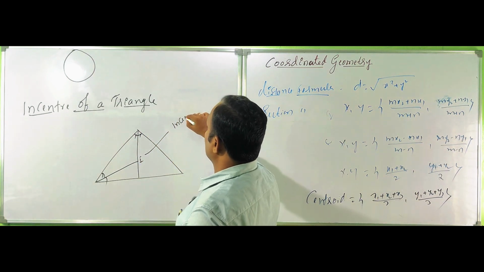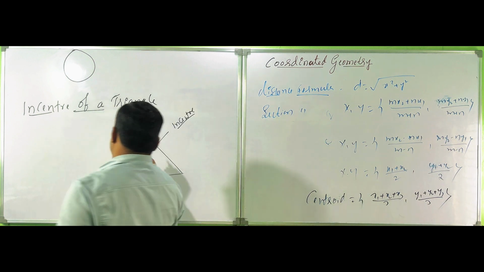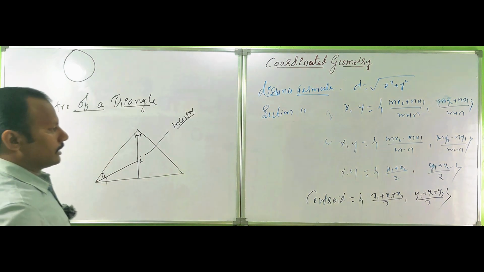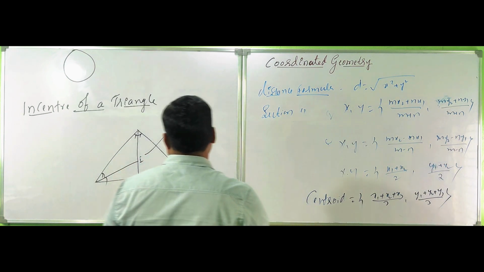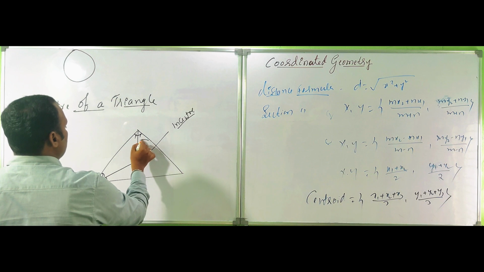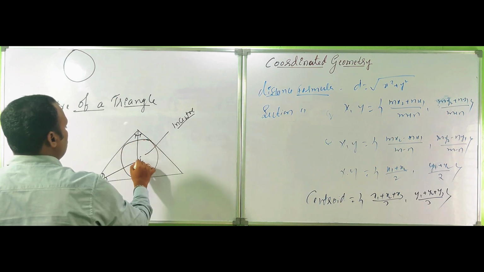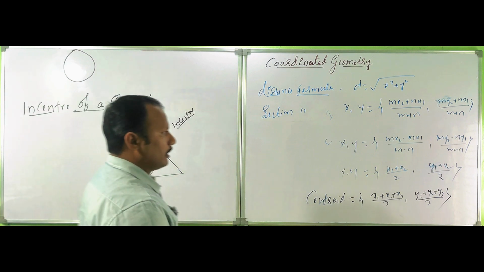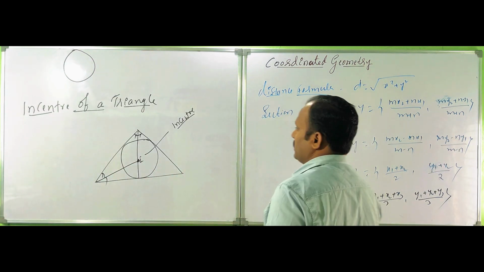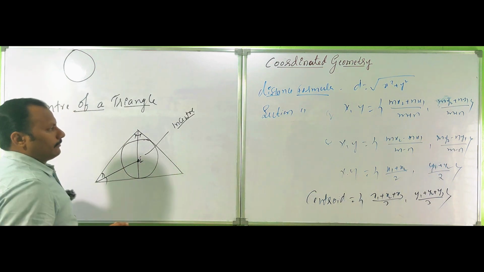The incenter of a triangle means we can make a center inside the triangle, the center of a circle with a radius, touching the sides.